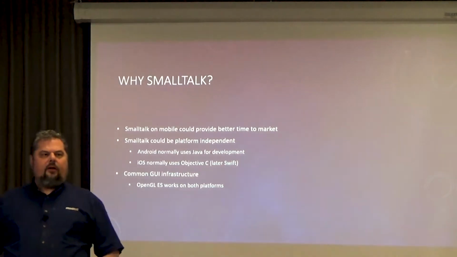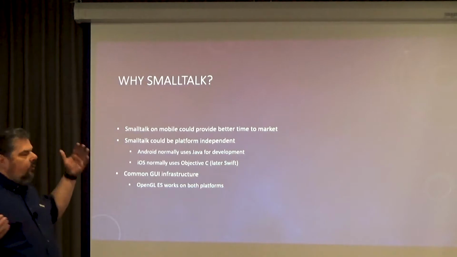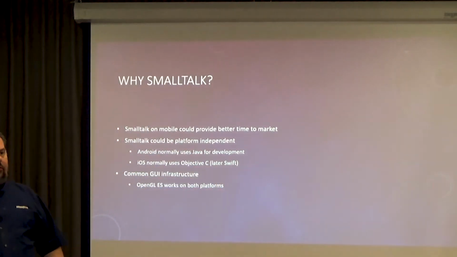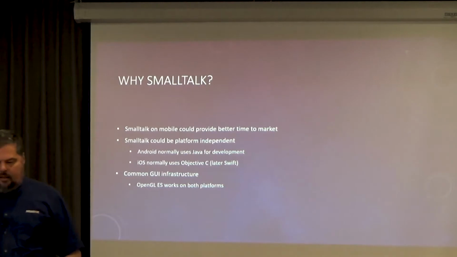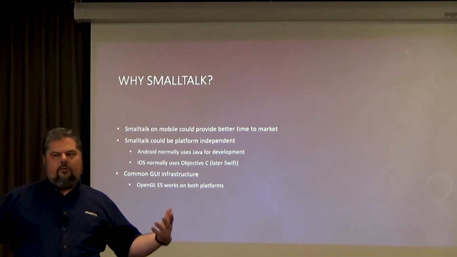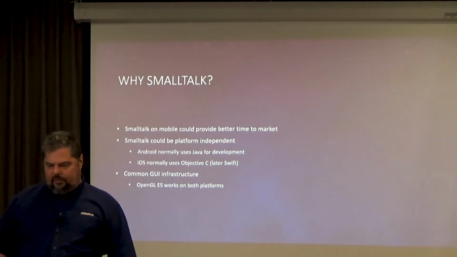I felt that with Smalltalk, I could get a better time to market because my options were going with Java and Android or Objective-C or Swift. Swift wasn't out yet when I started this on iOS. And doing that meant that I had to code it twice. And I didn't want to write 2 different versions of every game that I come up with.